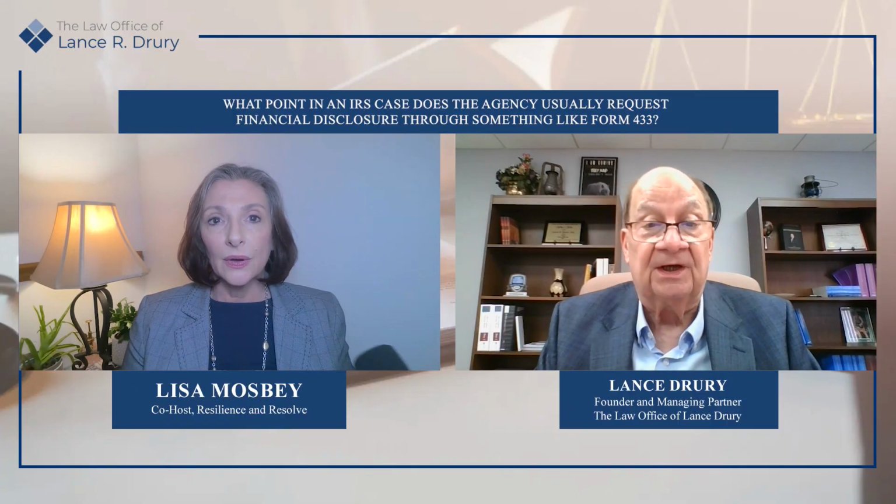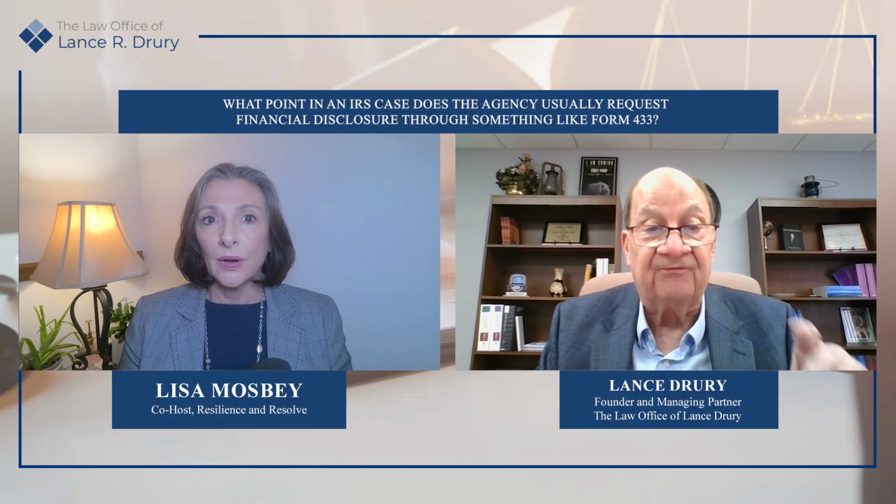Lance, at what point in an IRS case does the agency usually request the financial disclosure through something like a Form 433? They're going to do that all the time if you're looking to pay for less than the full amount. If you're going to pay the full amount back, which most of my clients don't, then you don't have to disclose your income and your assets.